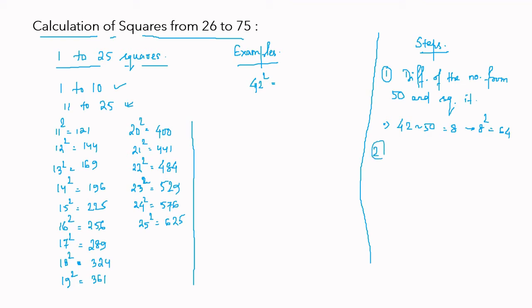After this, the second step that follows is you have to see the difference of the number from 25 and mention it as it is. And here the difference of 42 from 25 is 17.